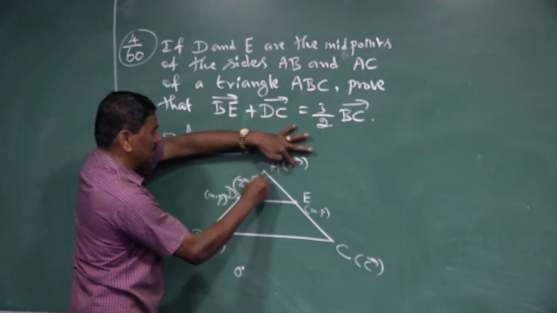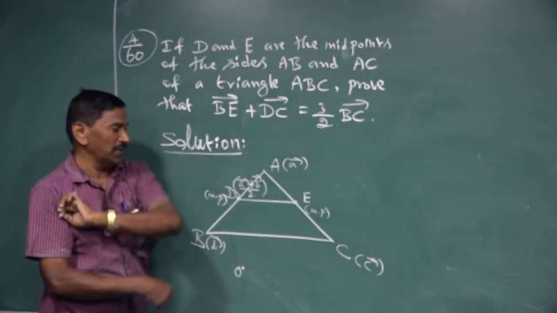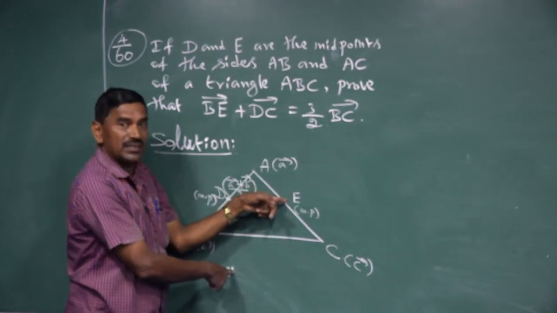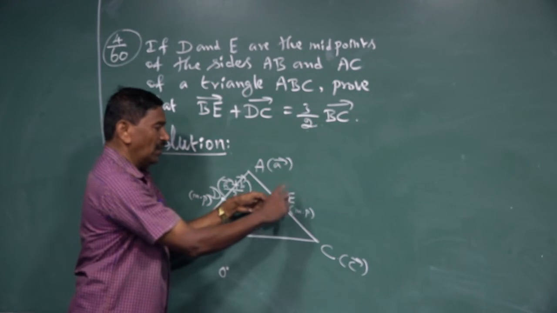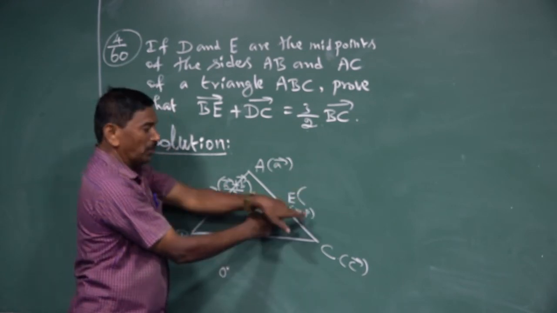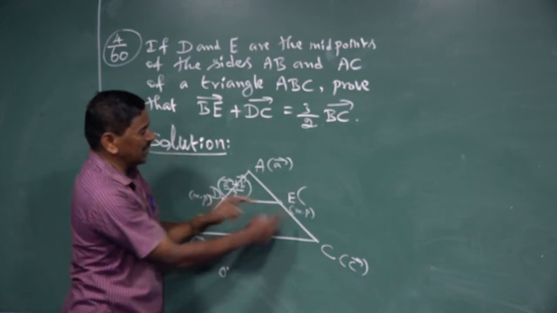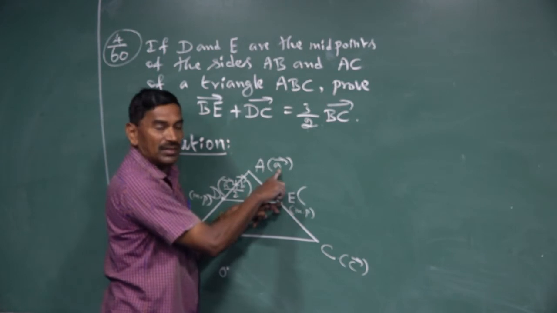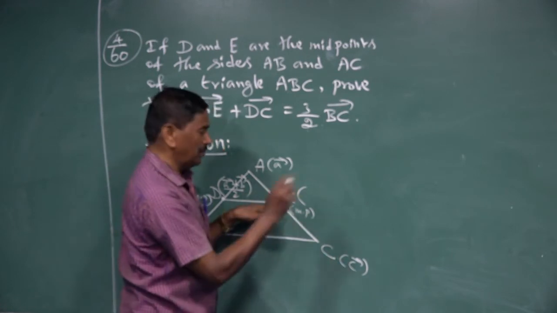The position vector of E is OE vector, which is a vector plus c vector by 2.